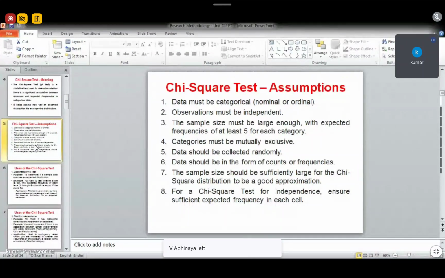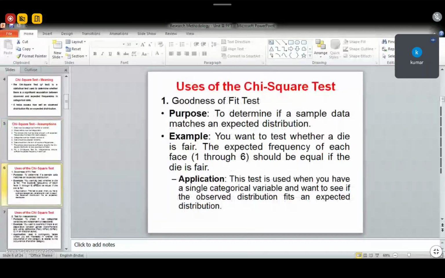Data should be in the form of counts or frequencies, that is, measurable in the form of numbers. The sample size should be large enough, and for this test, ensure sufficient expected frequency in each cell. So these are the assumptions with which this particular test goes.